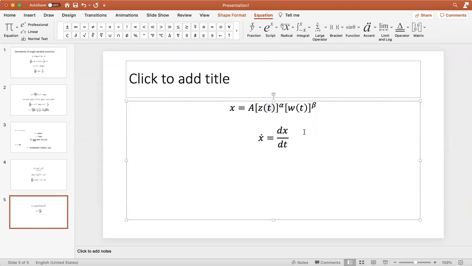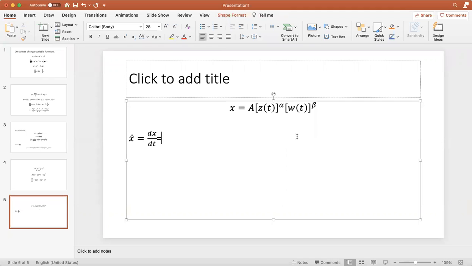Okay. Now to go for the product rule, let's begin by looking at the first expression. Let's say that a belongs in the first function. So to get the derivative of x with respect to time, we'll just have to use the product rule. Now, to make it easier for you, we'll concentrate on these two functions here and apply differentiation.